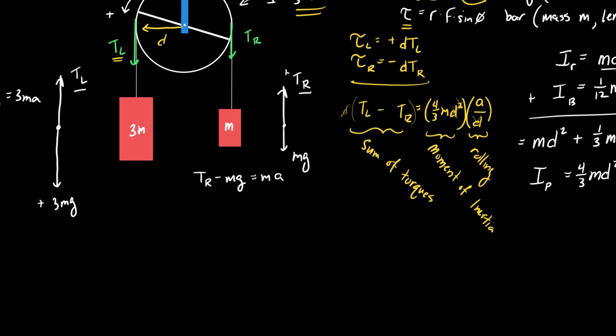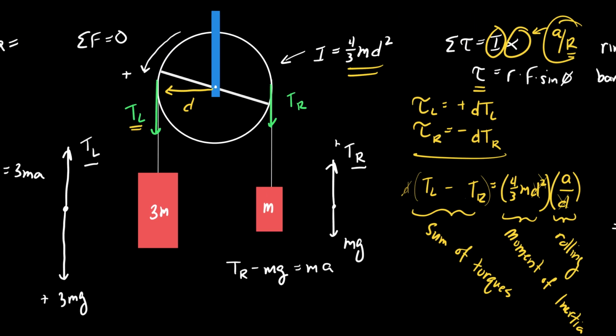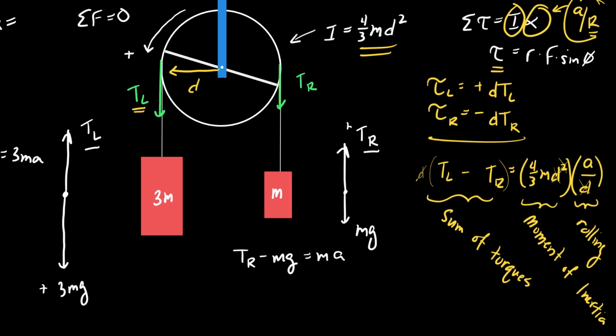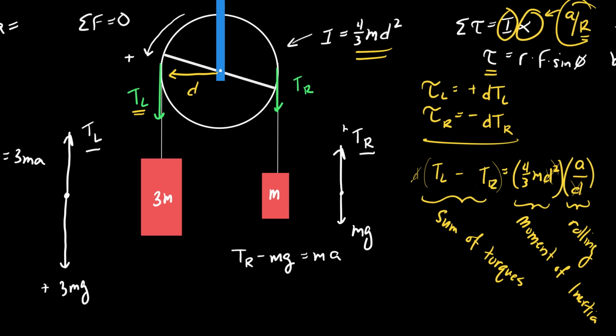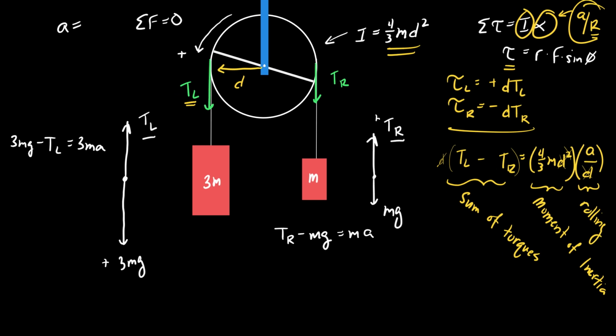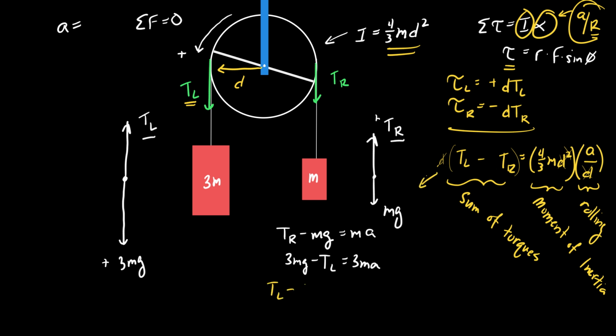But when we do that, that allows us to take these three things that we have now and kind of pull them together. We've got this force relationship, and now this thing, which is going to be TL minus TR equals 4/3 MA.